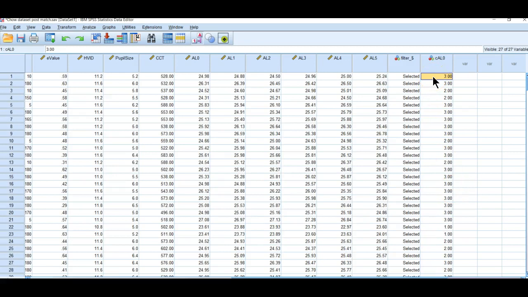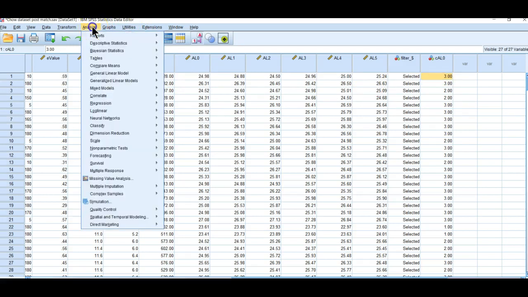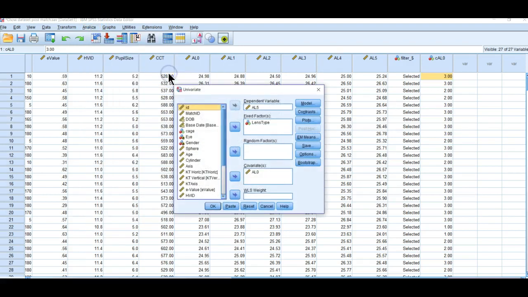Now, rather than using baseline AL0, we're going to do a factorial analysis with a category of AL0. So we're now out of the realm of analysis of covariance, and we are forced into doing a different kind of analysis, factorial analysis.